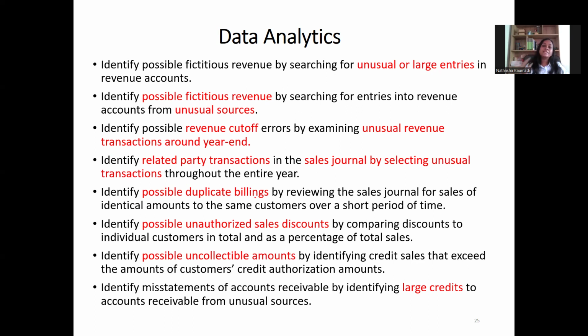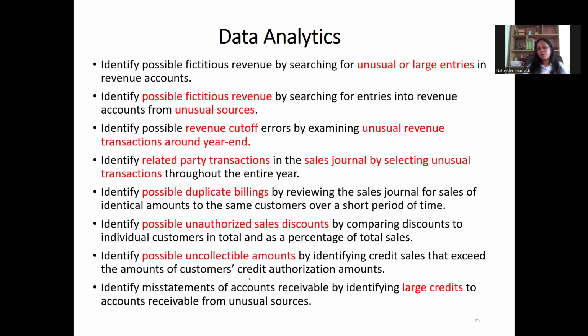There can be duplicates as well. So quickly they can pick duplicates. Possible unauthorized sales discounts. Now, if we tell the analytics tool that the allowed discount rates are 10% and 12%, if there are 15%, 18% discount rates given in the sales report, they will quickly pick them using analytics.